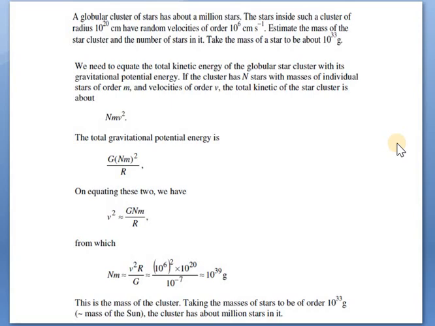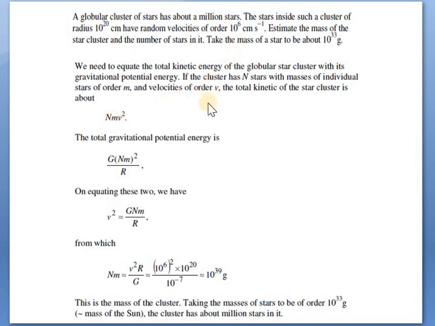What we do is very simple. We relate the kinetic and potential energies, and you see the total kinetic energy of a star cluster is just this value, where N is the total number of stars, each having mass small m, and v is the velocity.